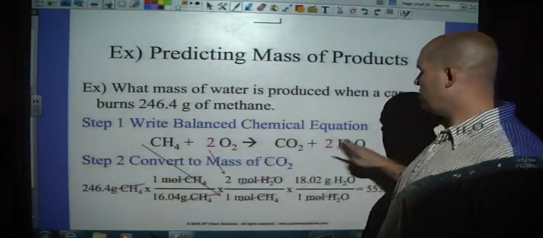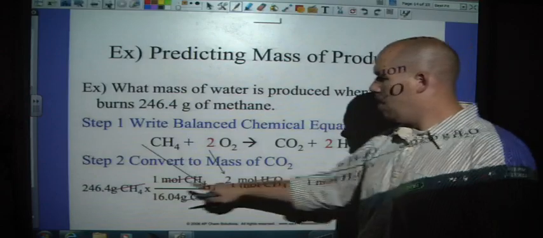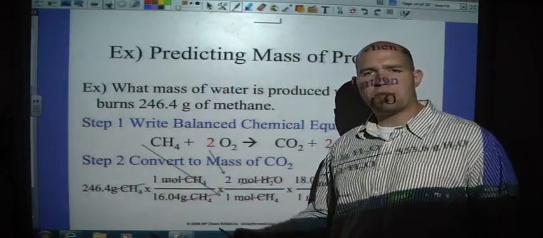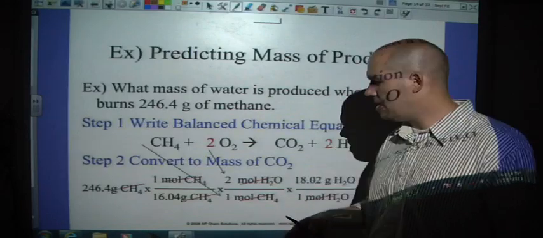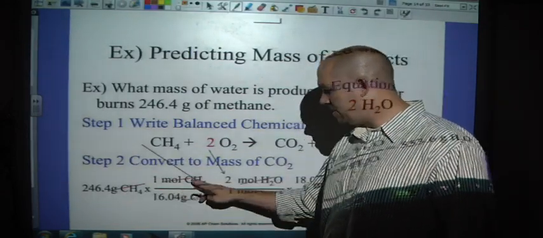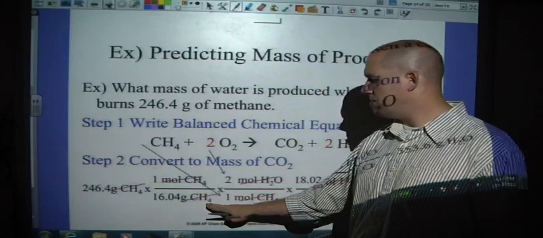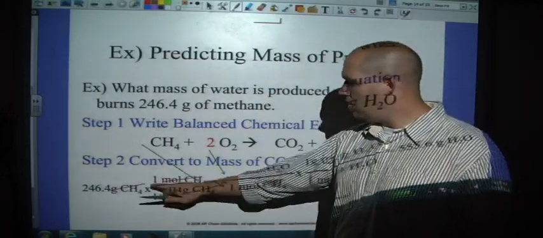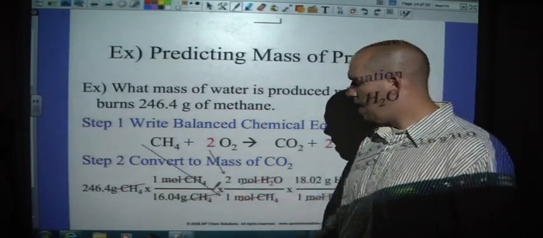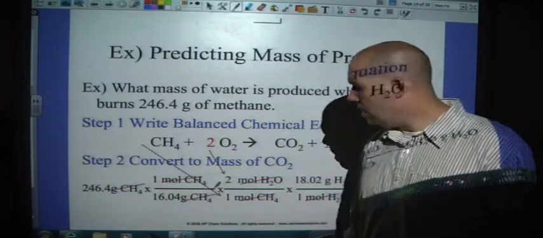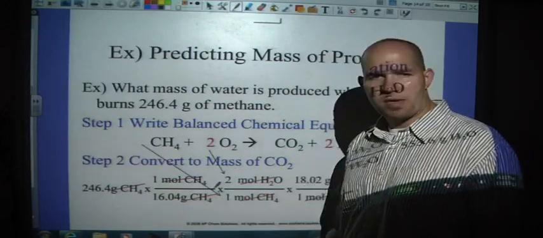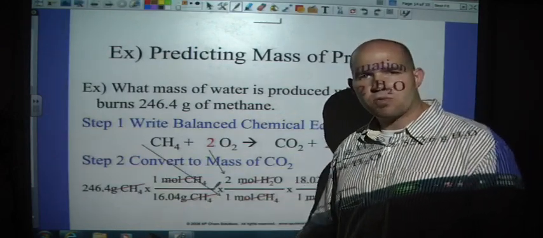So we have our balanced equation. So we have grams here. Well, we want to get out of grams because everything in stoichiometry goes through the mole. Okay, so we have to get out of grams and into moles. We're going to divide by grams. Okay, so those units cancel out, and now we get into, for every 1 mole of methane, CH4, how much does it weigh? Well, this is where you look up each individual part. I have 1 carbon. I look on the periodic table, it weighs 12.01.